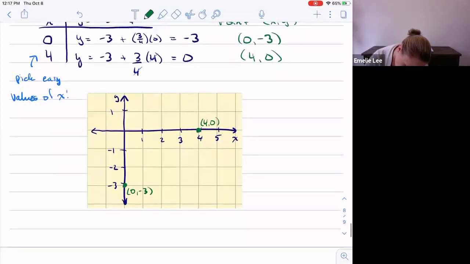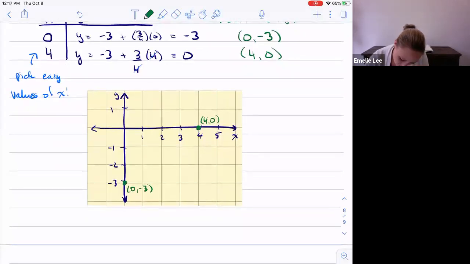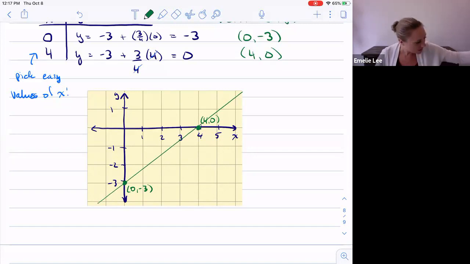Hopefully it works. Tough on the iPad, easy on paper. Ta-da. So you connect the points. Hey, that's really good.